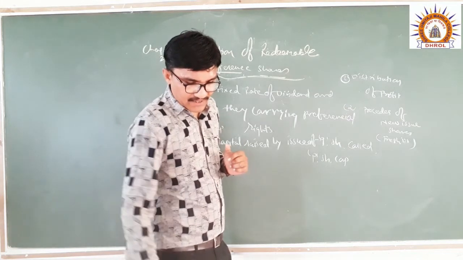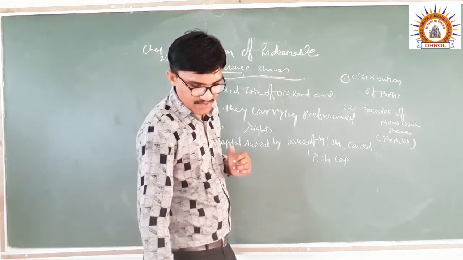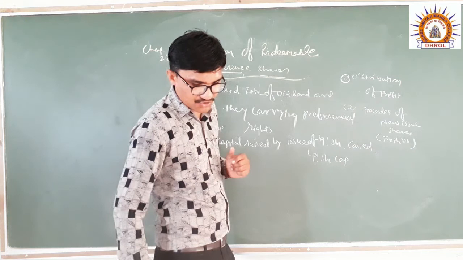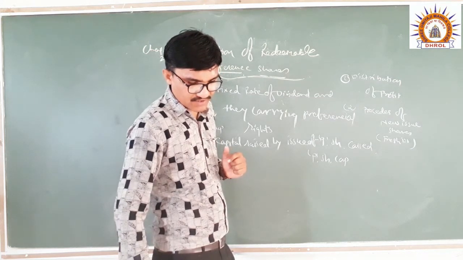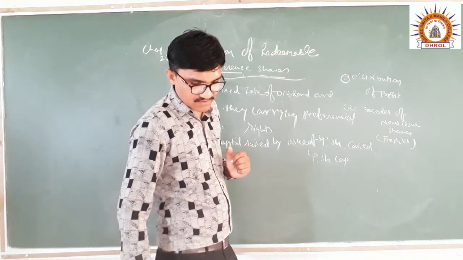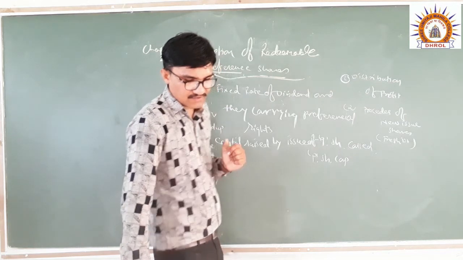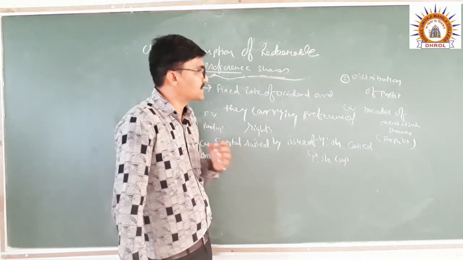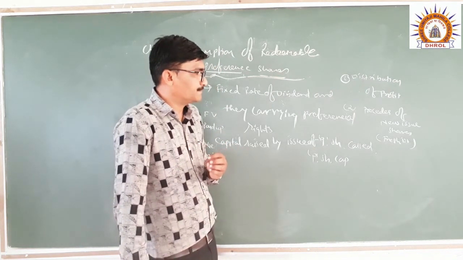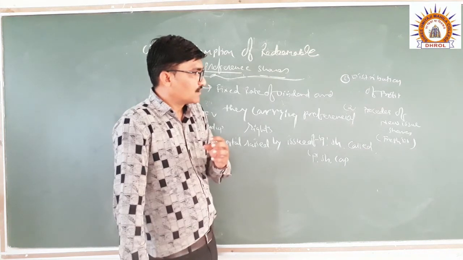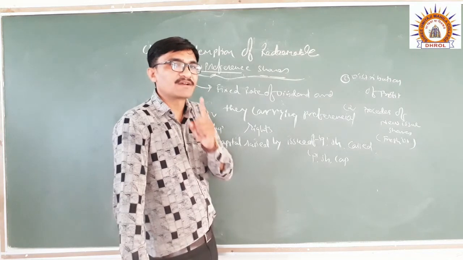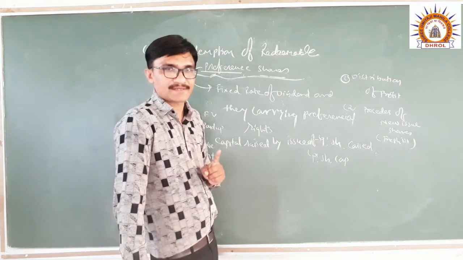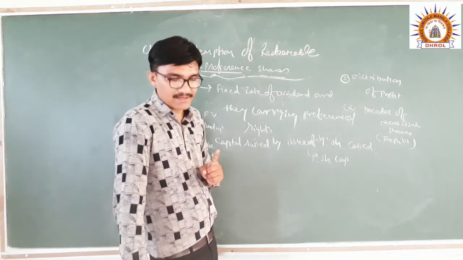Next, if the preference shares are to be paid back with a premium, the loss due to premium on redemption should be met from the distributable profit and the securities premium account. It means suppose the company redeems redeemable preference shares, right?